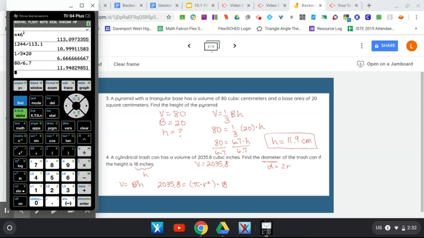Before I do anything else, I'm going to take pi times the 18. So we get 56.5 there. So let's divide by 56.5.